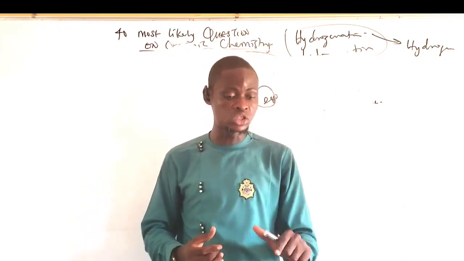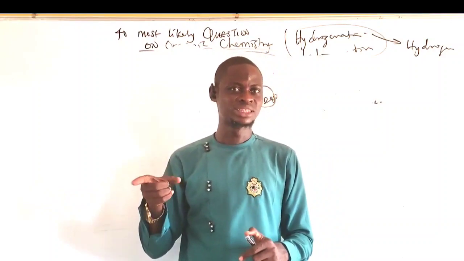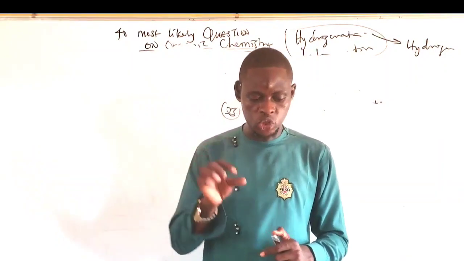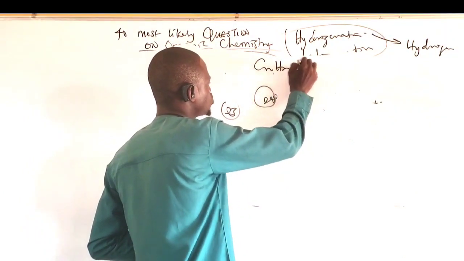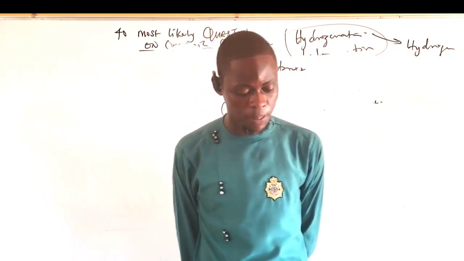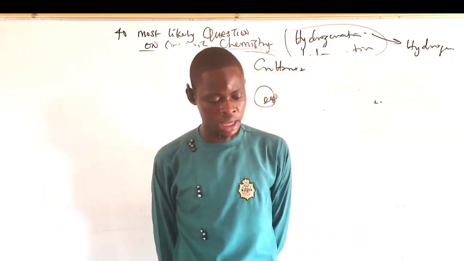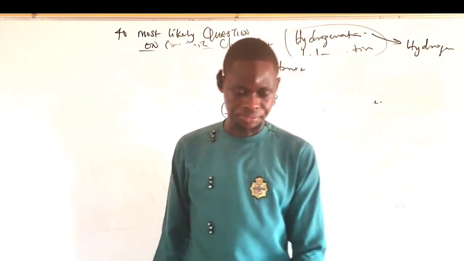So that's why they said, when alkynes are hydrogenated completely, they produce alkane with the general formula CnH2n+2. Option A, we have CnHn, option B, CnH2n+2, option C, CnH2n, and option D, CnH2n-2. So that is our answer, option B.